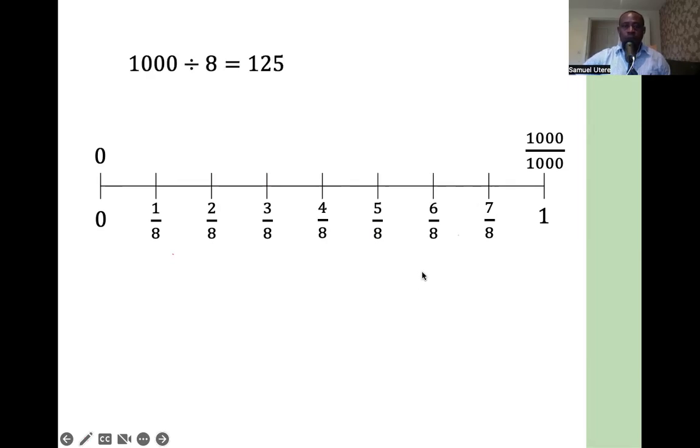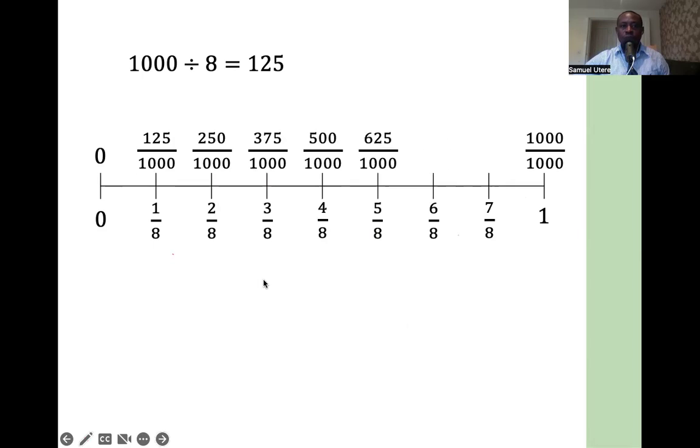That will be 125. So it means each of these intervals is worth 125. So if we start to write, the first one will be 125 over 1,000, and then we can do 125 increments to complete the intervals.